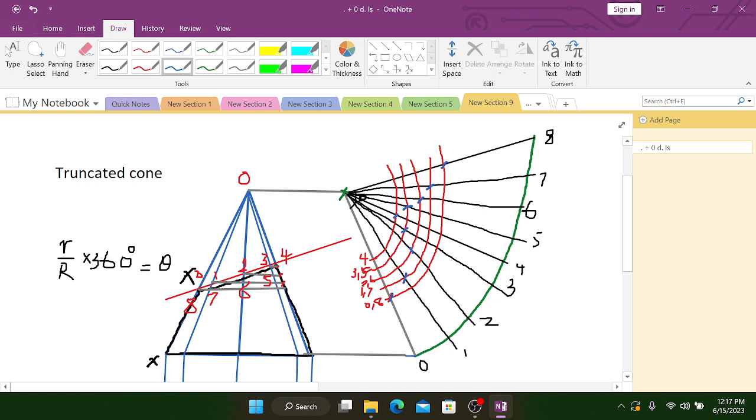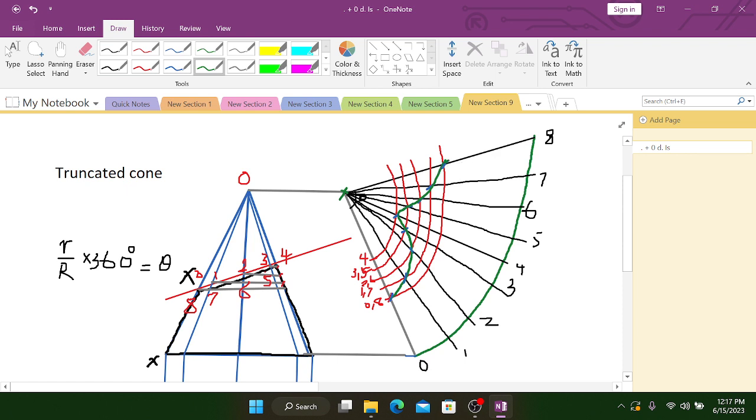Now I want to connect these points by free hand or by using flexible rulers. I need to connect this as a smooth curve.